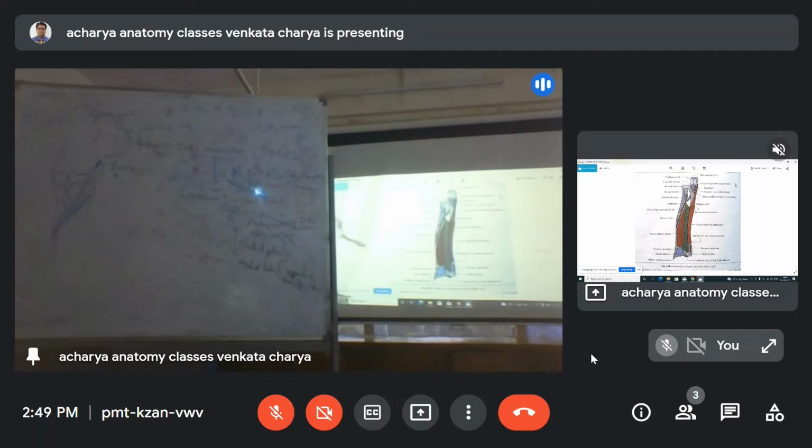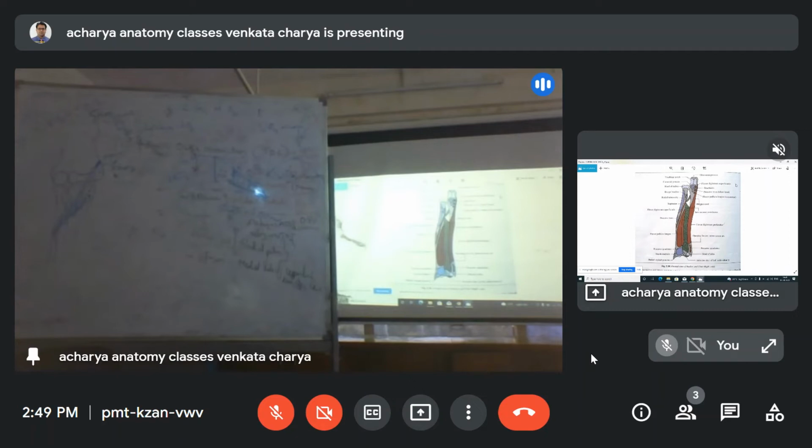So this muscle we call flexor digitorum superficialis. Write down, flexor digitorum superficialis origin. Flexor digitorum superficialis originates from the first point, medial epicondyle of the humerus.